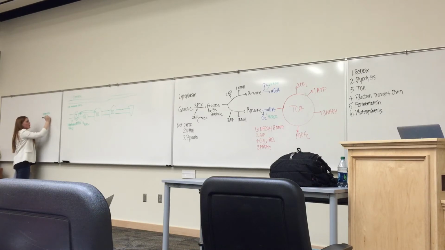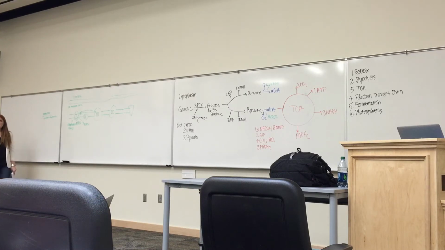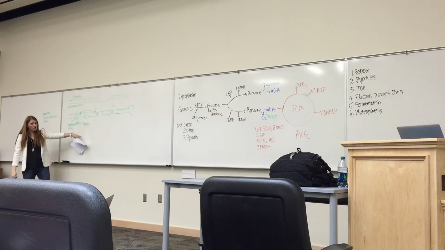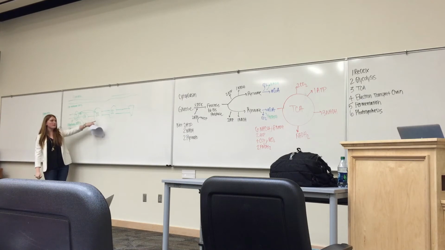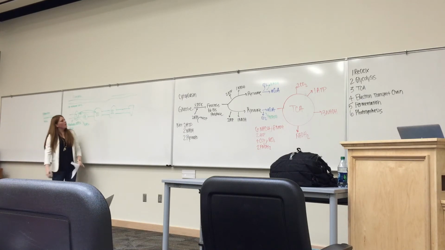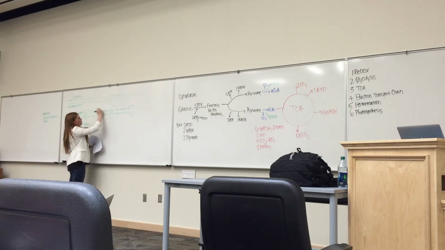Something that's nonpolar is usually hydrophobic. It likes lipids. It also can't be stationary, right? It must be mobile if it's moving our electron, from complex 1 to our more oxidized complex 3.